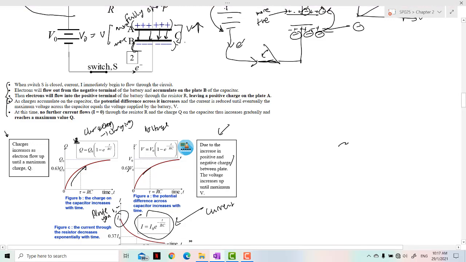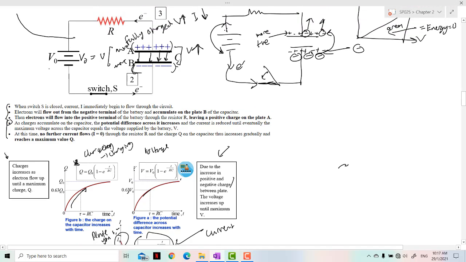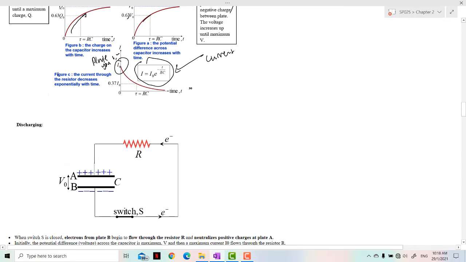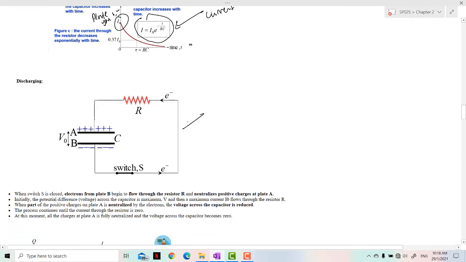Now what would happen if, for example, I remove the battery? When I remove the battery, nothing is forcing my electrons to flow anymore. With no battery, because here there is negative and here there is positive, the negative charge will move by itself to neutralize the positive.